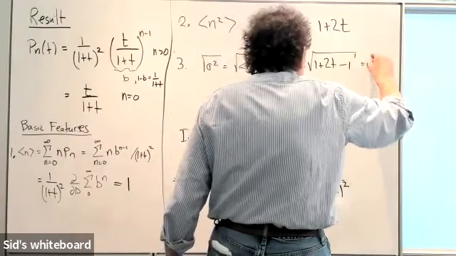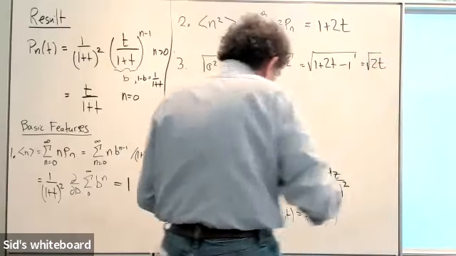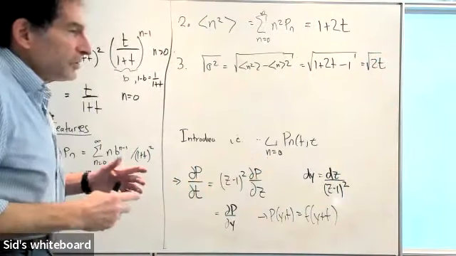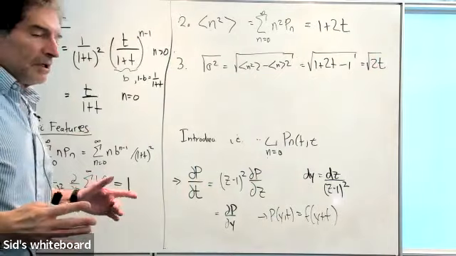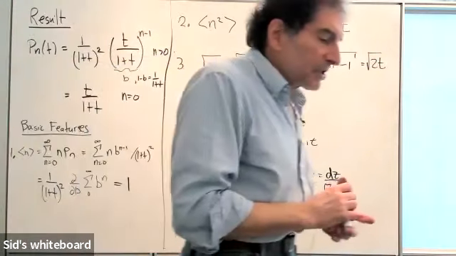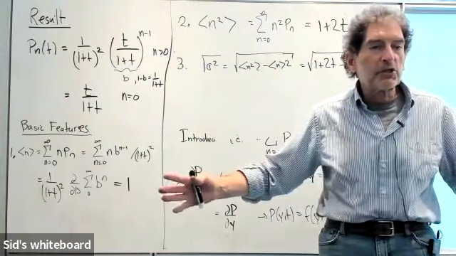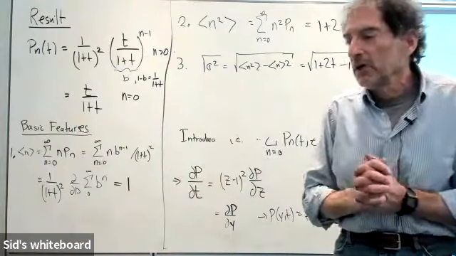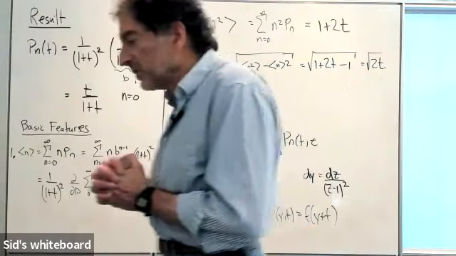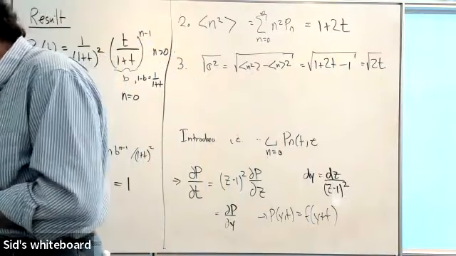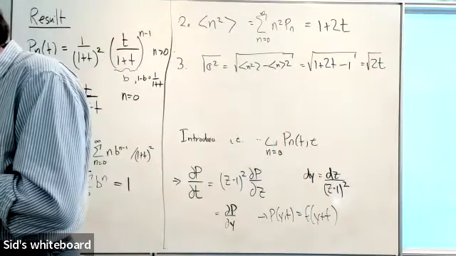So this is equal to the square root of 2t. So the width of the distribution is growing like square root of t. So in some sense, the birth-death process is a little bit better behaved than the pure birth process because the width of the distribution is only the square root of the average value. Whereas in the pure birth process, the width of the distribution was of the order of the entire average value itself.